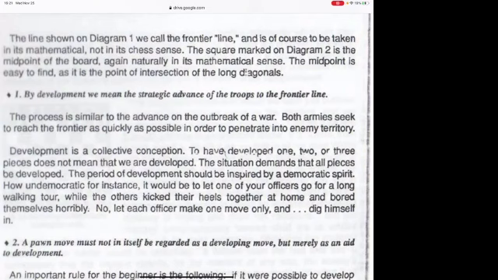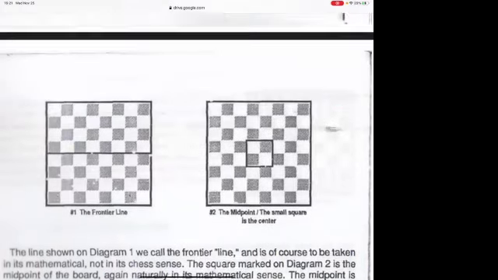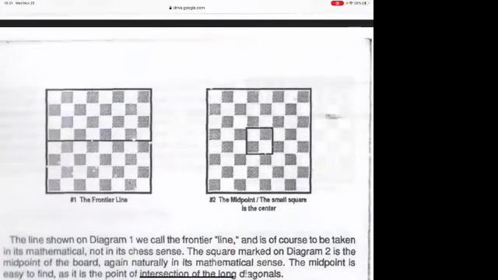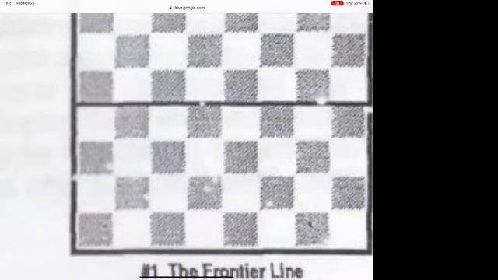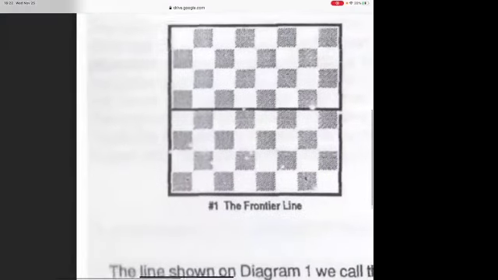So if I only have my knight close to the frontier line, and my bishop is not there, and my rook is not there, for example, then that's not called development. Okay.